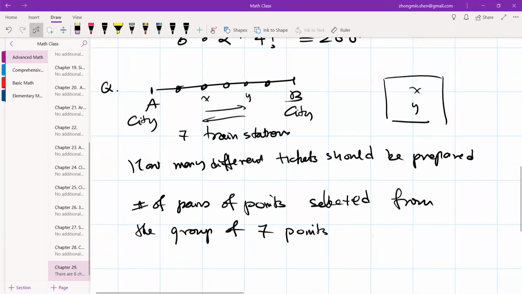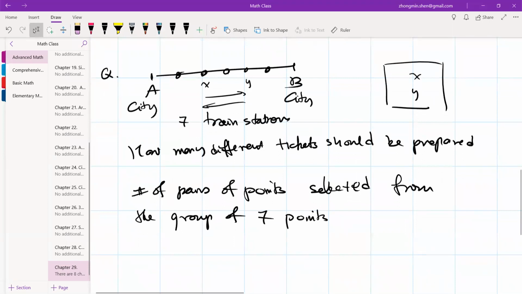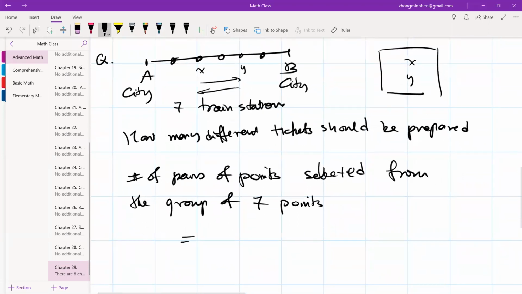We do have a formula, but I'm going to show you how to get this formula in general. It's going to be 7 factorial over 2 factorial times 7 minus 2, which is 5 factorial. After you compute it, it's 21.